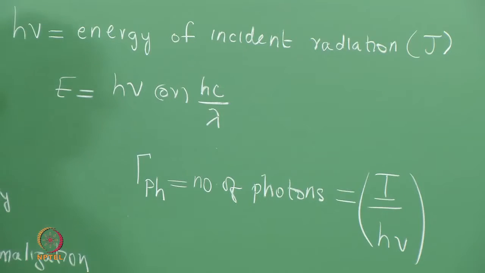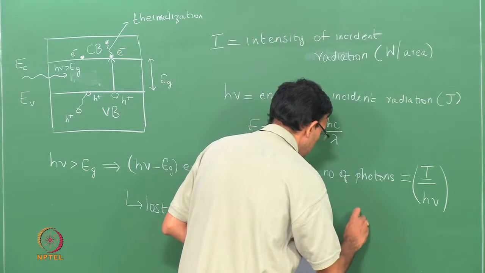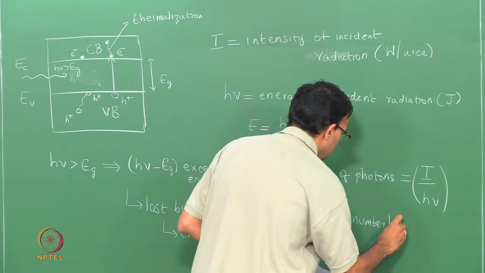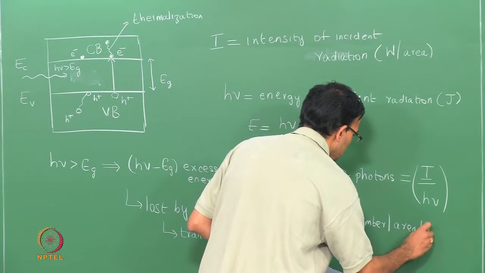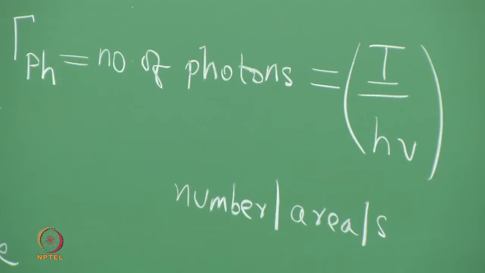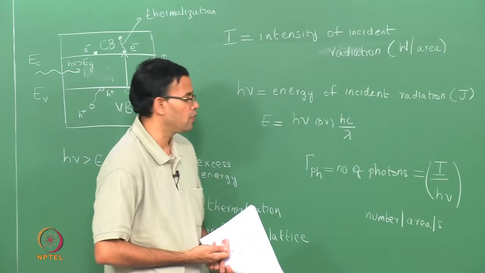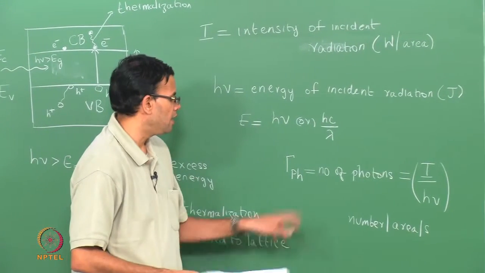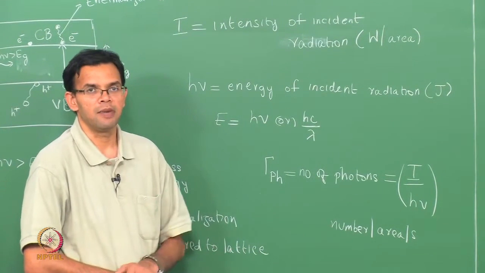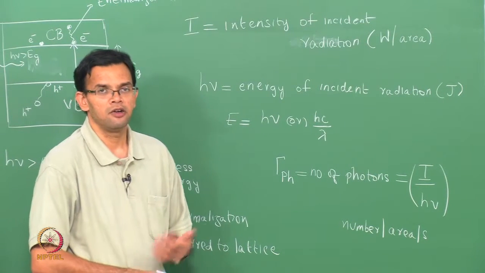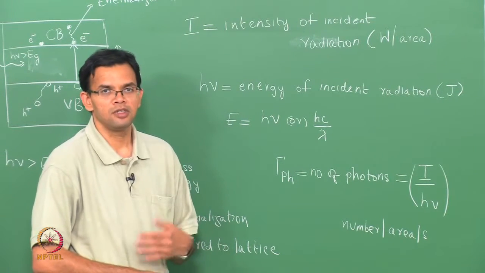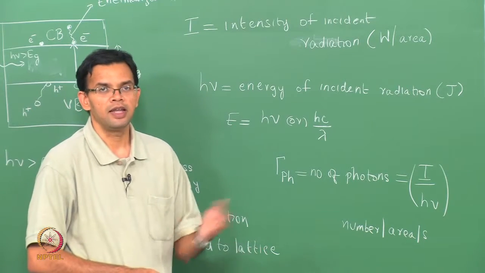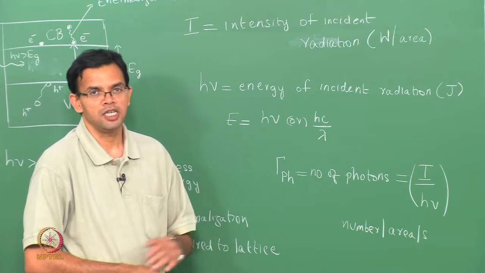So, this has the units of a number per unit area per unit time. So, S is in seconds, area could be centimeter square or meter square, but it is the number of photons that are incident on your sample. Again, if these photons have energy greater than the band gap, they are going to create your electron hole pairs. So, this process can be 100% efficient, which means every incident photon will generate one electron hole pair, or the efficiency can be less than 100.